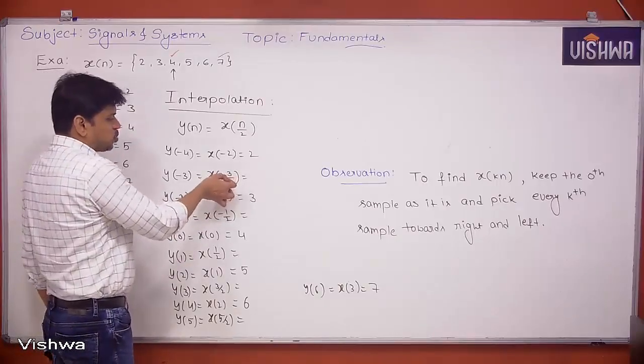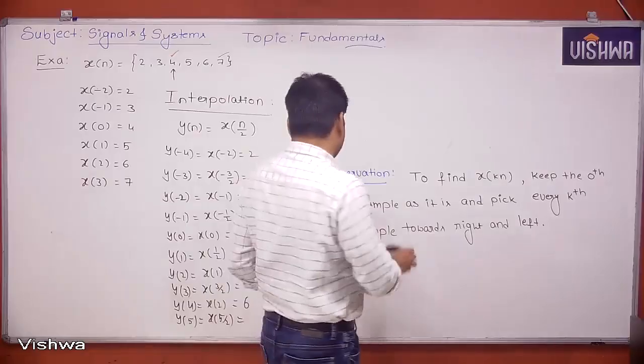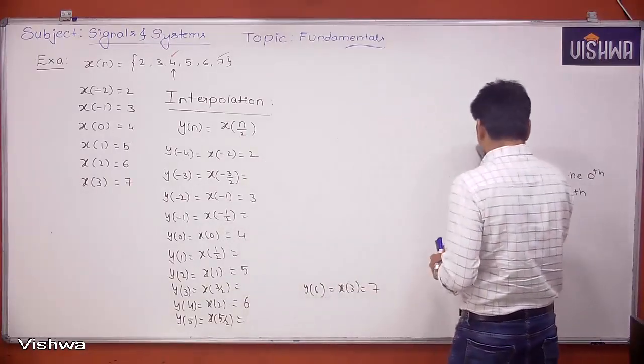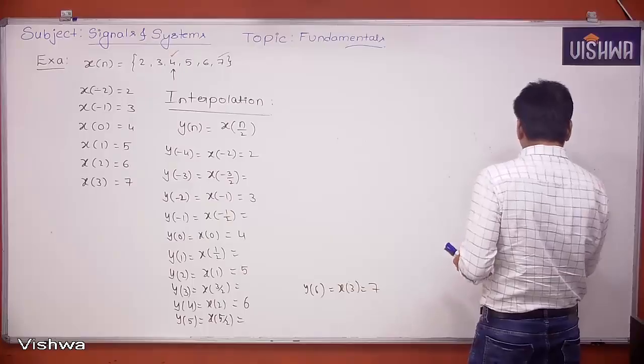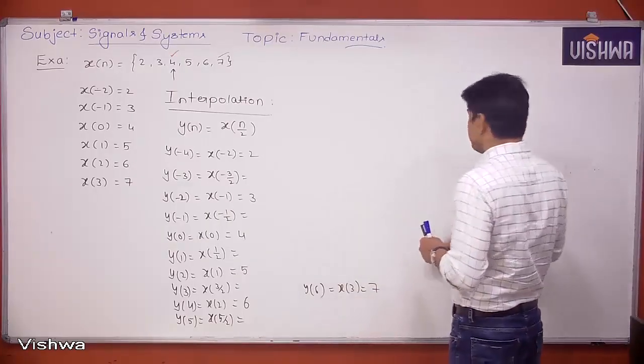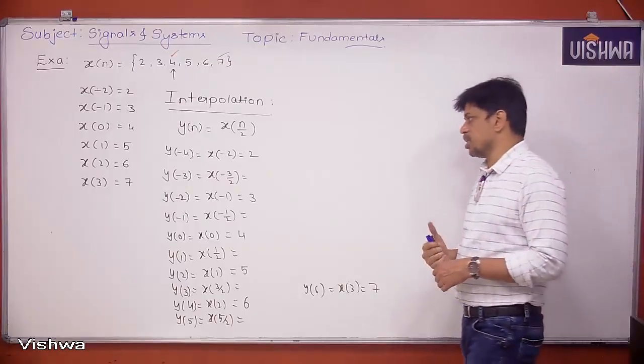These are the values we don't know actually, because the signal is not defined for non-integer values. So I cannot say that value is 0, but I can simply say we don't know that value. But in our syllabus, we have an interpolation technique called zero interpolation.